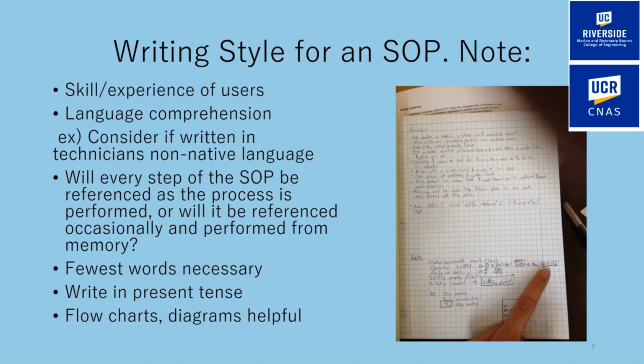Furthermore, you'll want to ask yourself if every step of the standard operating procedure will be referenced as the process is performed, or will it be referenced occasionally and performed from memory. If it's a process that is done very frequently, then you will have people who are doing it from memory if that's reasonably possible. If it's a simple procedure, you'll want to write accordingly.